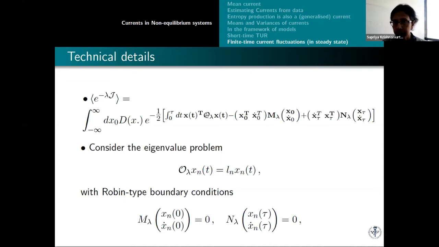Remember that operator, that fancy O, is some matrix. Let's say for our Brownian gyrator, it's some 2x2 matrix; actually, since we have x and x dot, it's a 4x4 matrix. Then we want to solve it to get all the eigenvalues and the eigenfunctions.